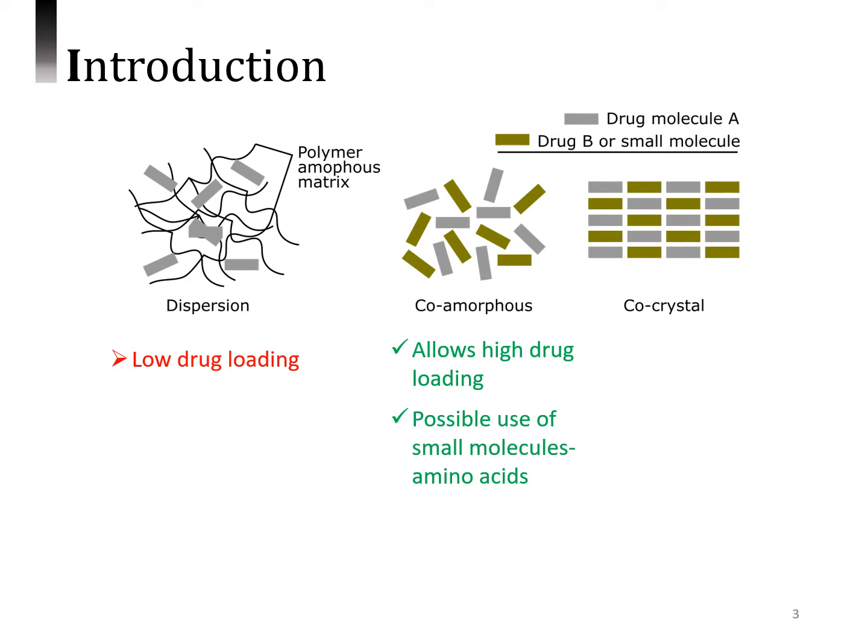A solid dispersion refers to the technique in which a drug is dispersed in a matrix of polymer so that the amorphous state becomes kinetically stable. However, the major drawback is that it will dramatically increase the dosage volume as drug loading is quite low. On the other hand, co-amorphous system refers to amorphous matrix in which the drug forms a homogeneous single-phase molecular mix with another drug or small molecules such as amino acids or citric acid.